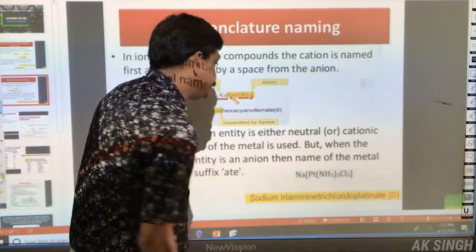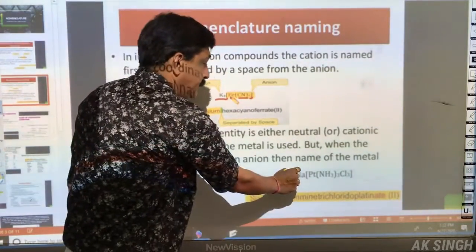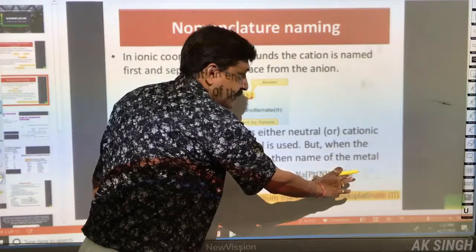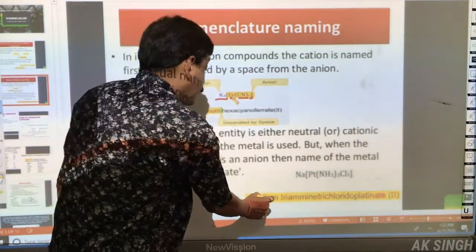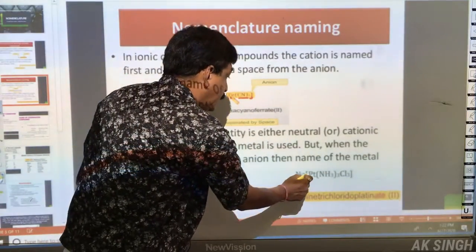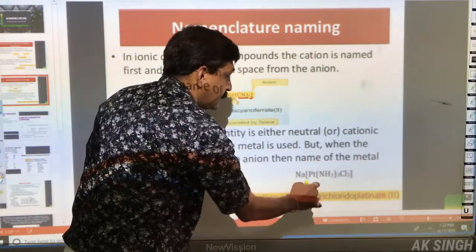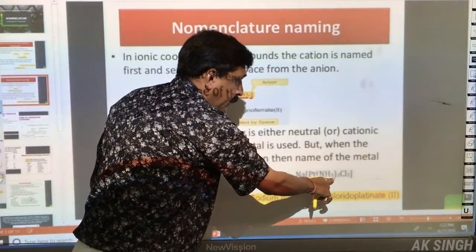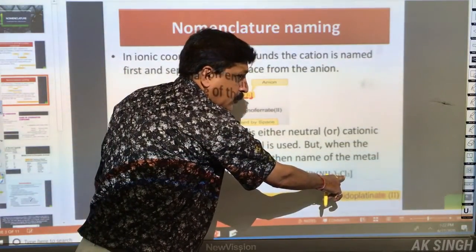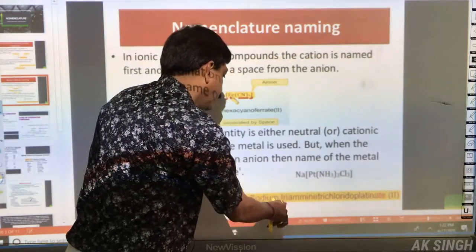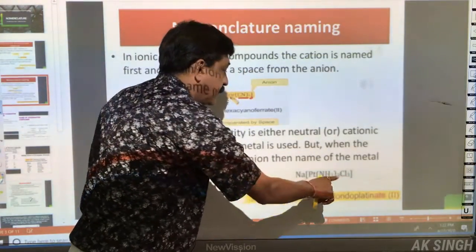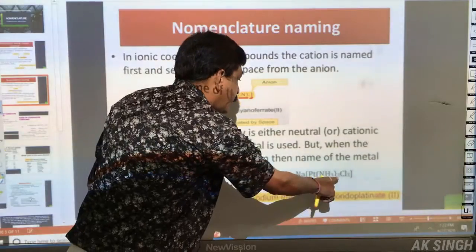This is the example. Sodium, cation, and this acts as the anion. Sodium. Now naming the ligands, this is ammine, this is chloride, or chlorido. So 3 chlorido, 3 ammine.